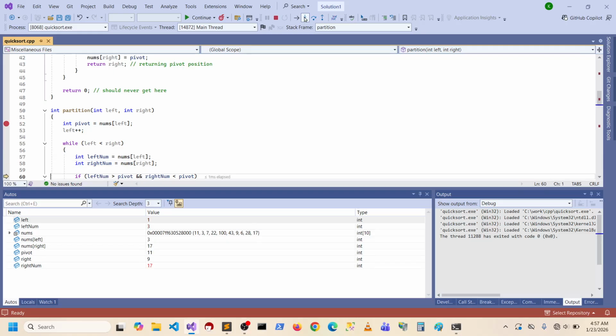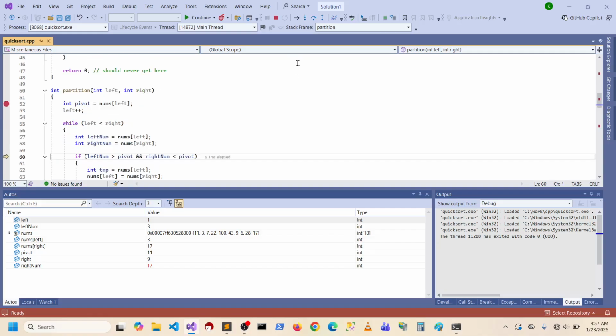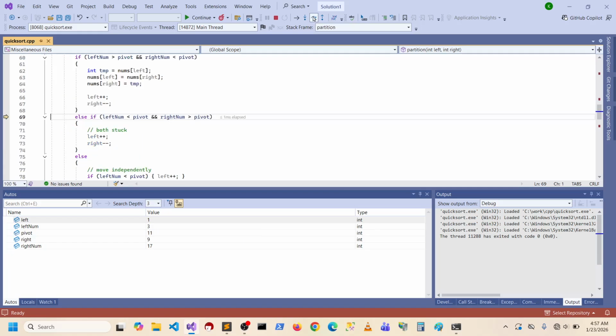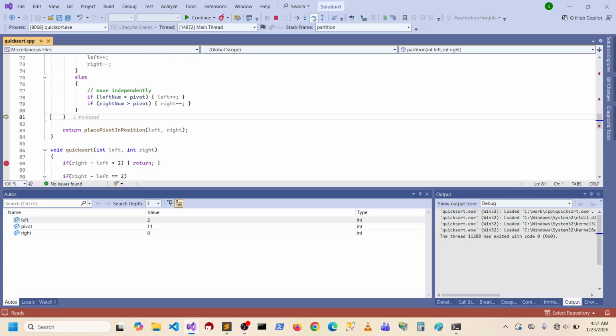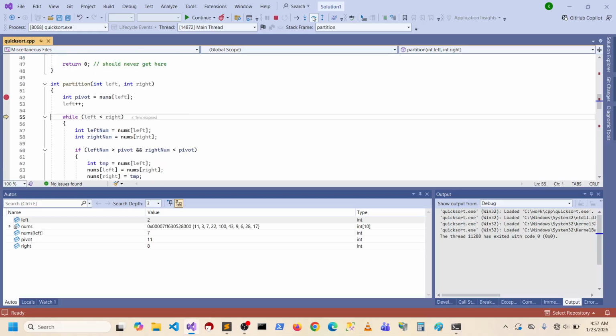All right, so 3 and 17. So those should not swap. So left number's greater, no. Left number's less than pivot, yes. Greater than pivot, yes. So they're both stuck. Advance both. Okay. Still less than right.